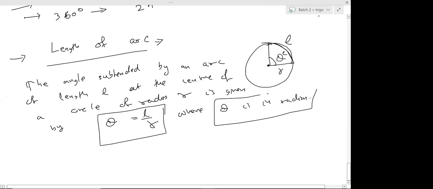And this is very important. You can only use this formula if theta is in radian, not in degrees. So if they are giving you the data in the format of degrees, the first step is to convert the angle into radian, then use the formula.